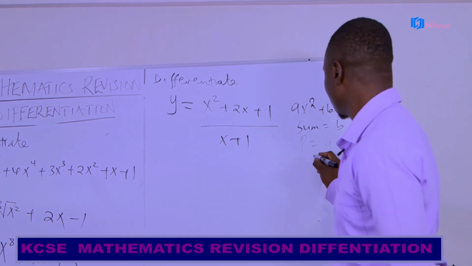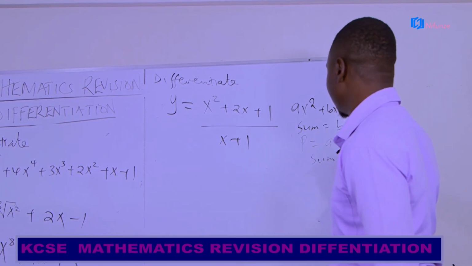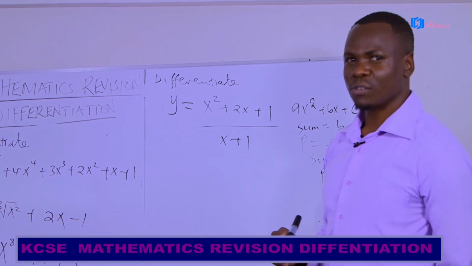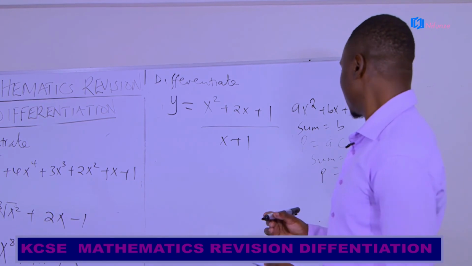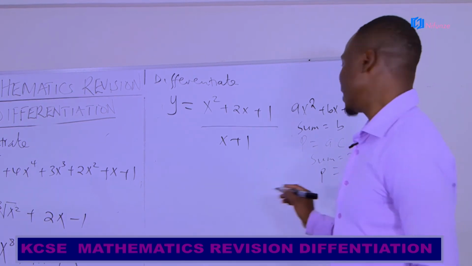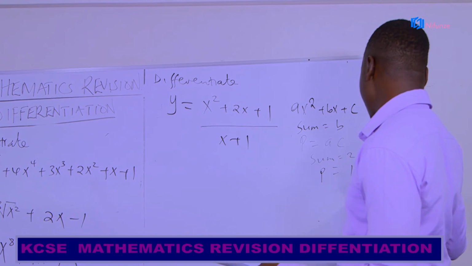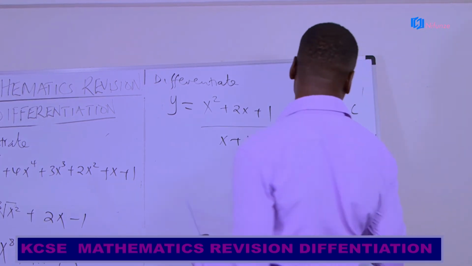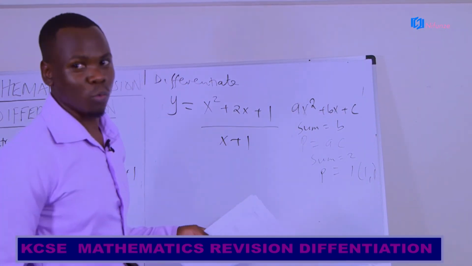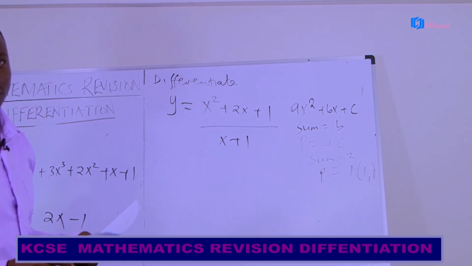So let's look for two numbers. Sum is 2, product is 1. So what are these two numbers whose sum is 2 and product is 1? These numbers very quickly are 1 and 1. When you add 1 and 1, you get 2. When you multiply 1 by 1, you get 1.